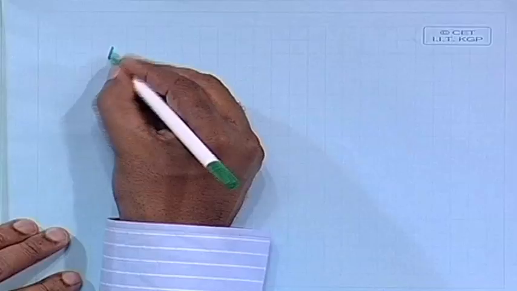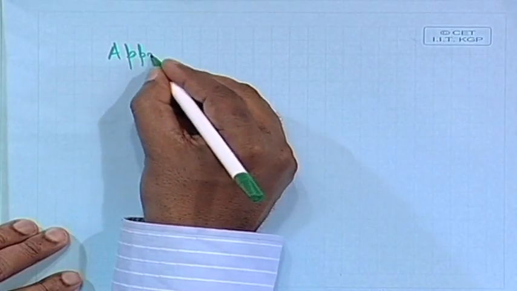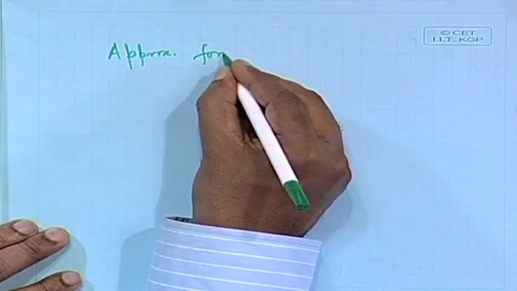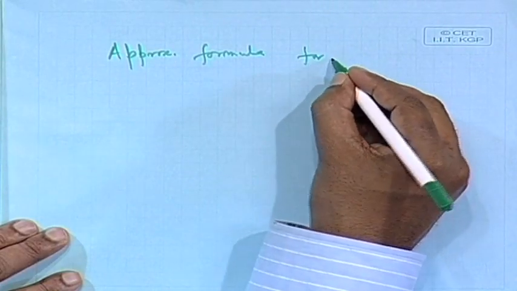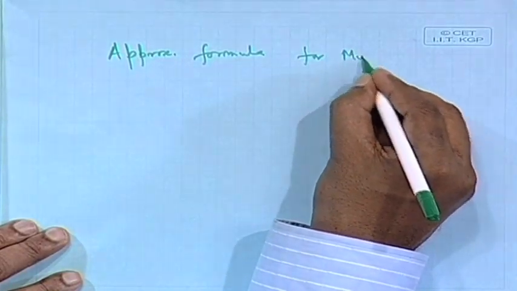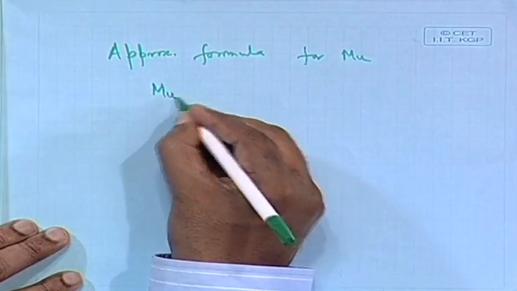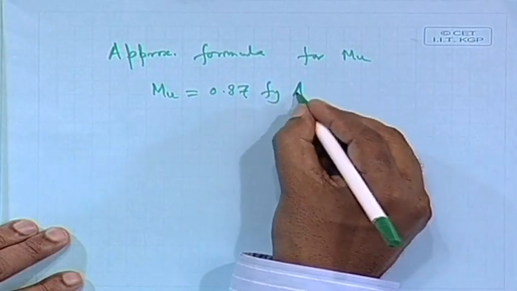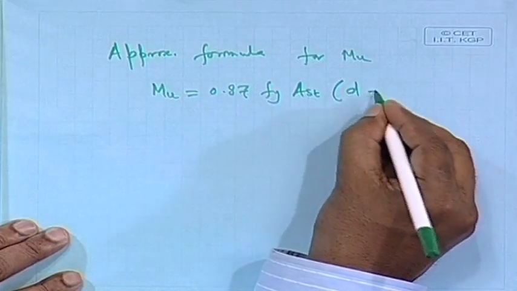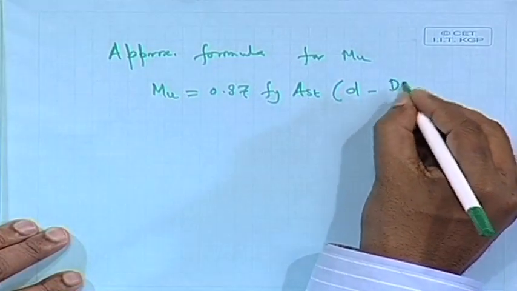We can also get that approximate formula for steel: Mu equal to 0.87 fy Ast times d minus df by 2.